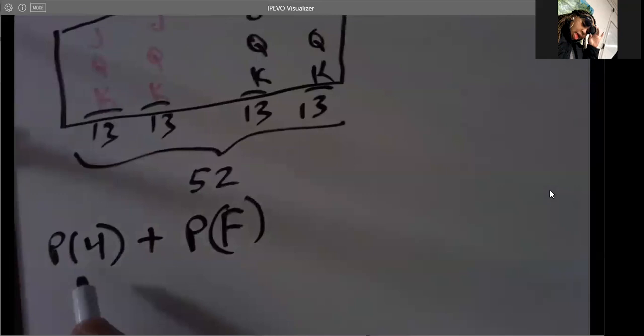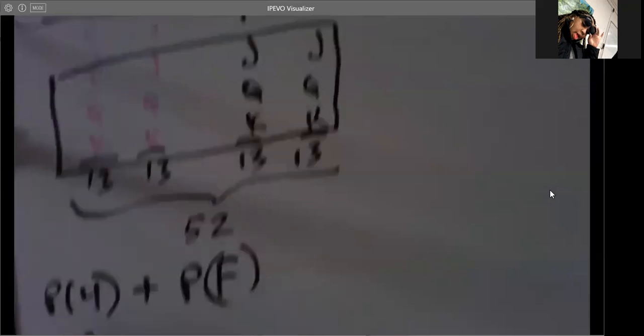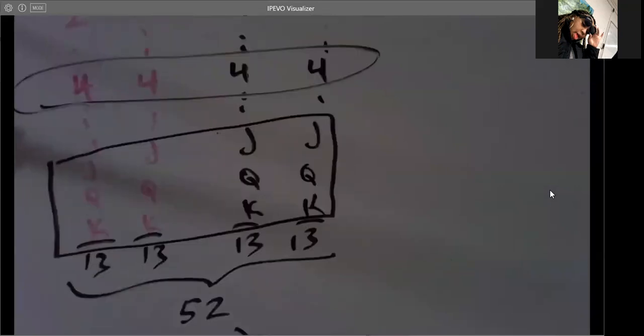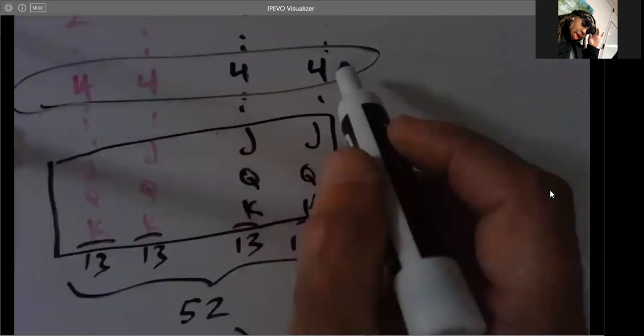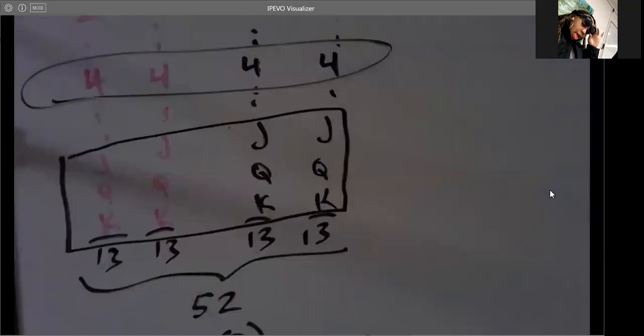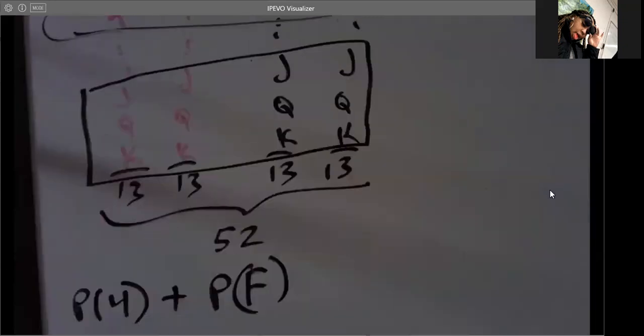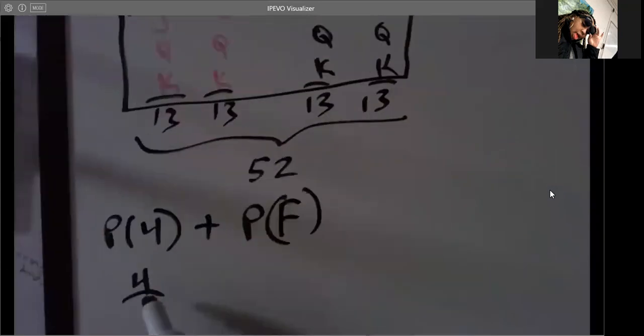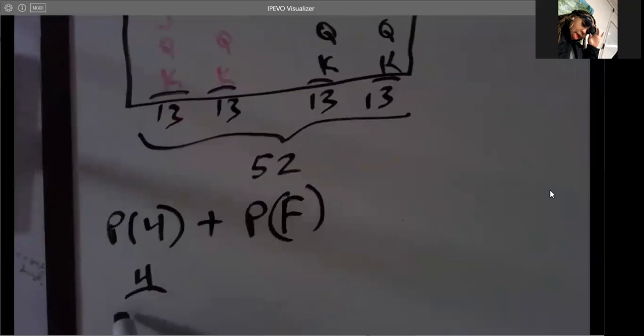So how many 4s are in the deck? Yeah, there's 4 4s, and the total of cards is what? 52, right.